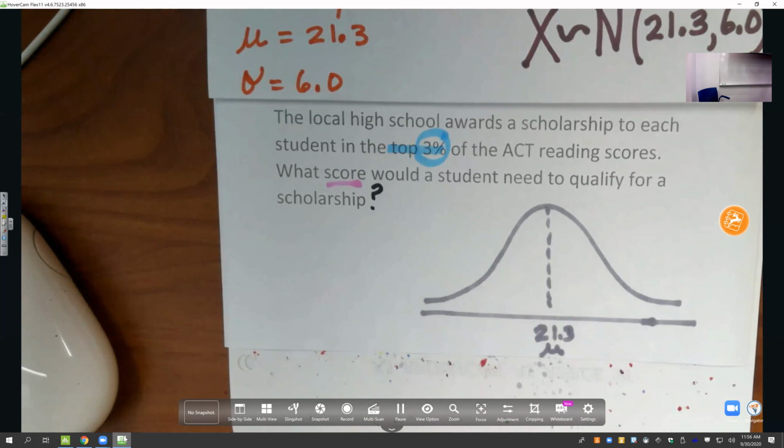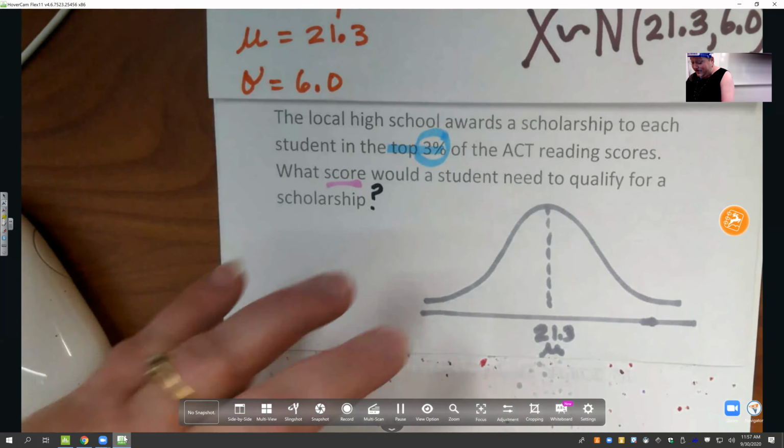So should we have a shaded region on the left, in the middle, or on the right? Why on the right? Because it says the top. Very good. Guys, use your noggin. Use a little bit of common sense. Top 3%, that's going to be high.